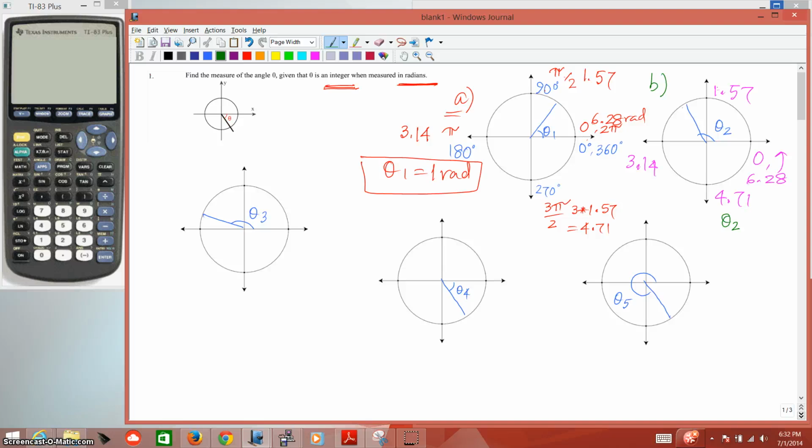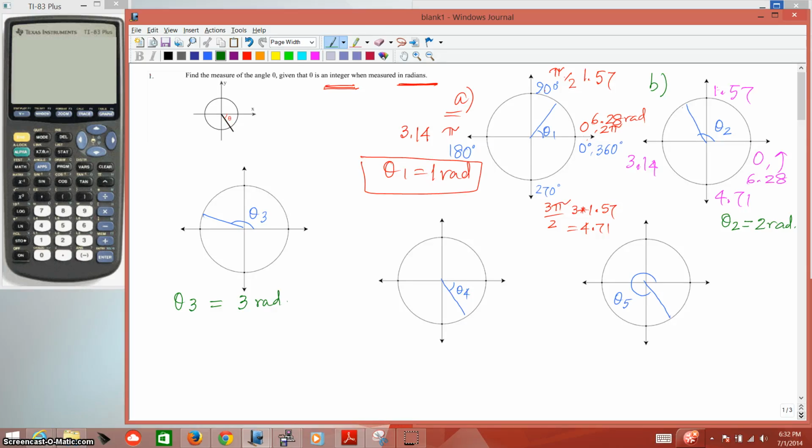But if I think logically, it's just past 1.57, so my theta 2 will be 2 radians. Now if you look at theta 3, I'm sure you know the answer for this one. Theta 3 is pretty close to 3.14, so your answer will be 3 radians.